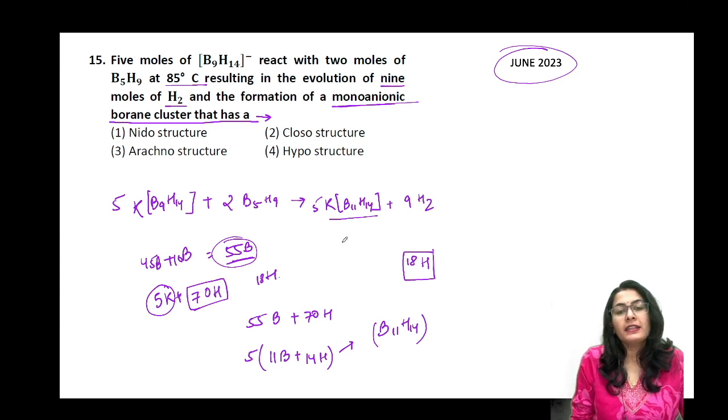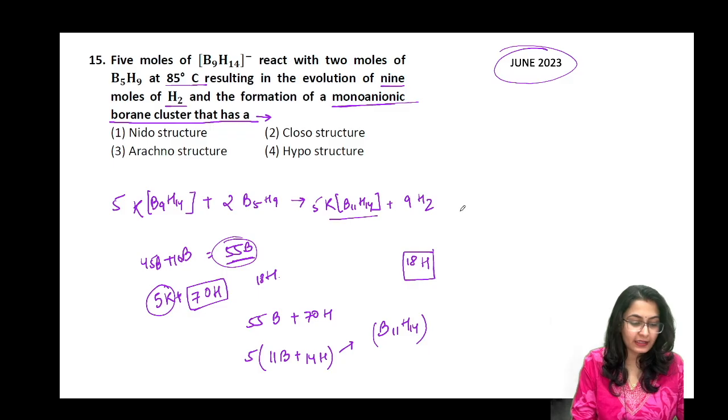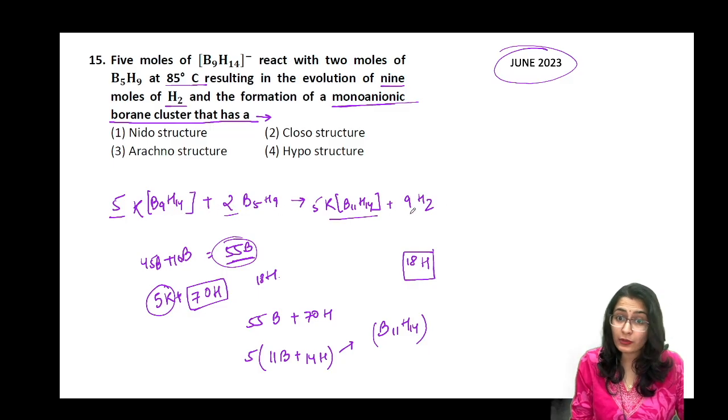Okay. Now, once again, just check all of this because you have to balance the whole equation. You have to be kind of balancing this whole equation. 5, 2. This was already given. This was also already given. You just found out this 5K B11H14. Chalo. So what is the structure of this one?